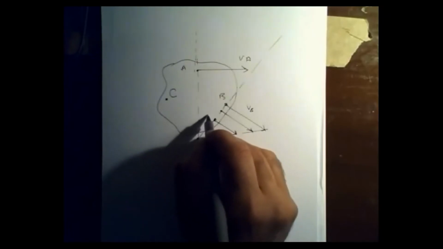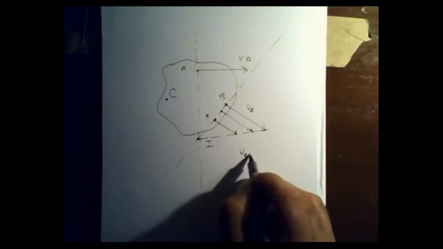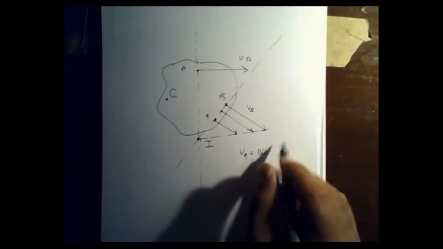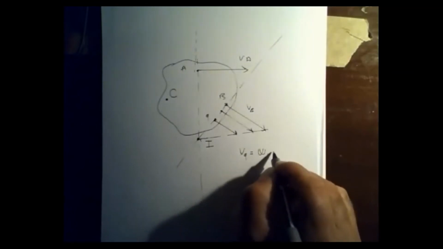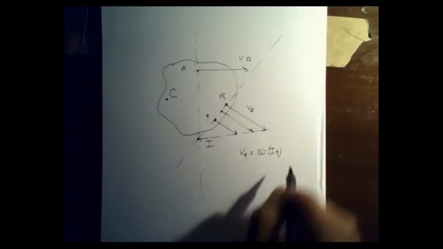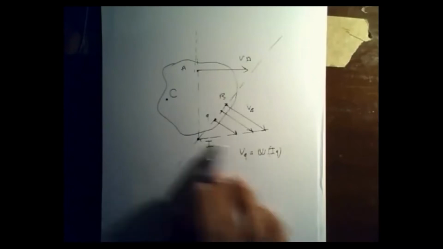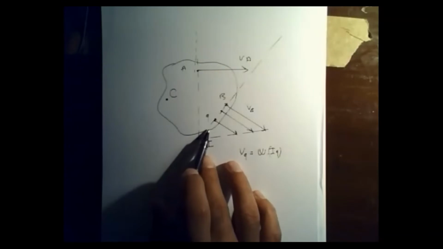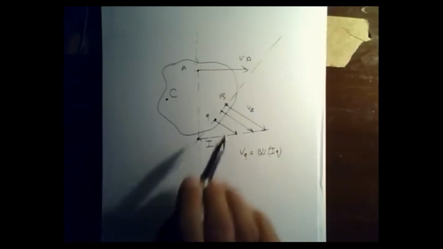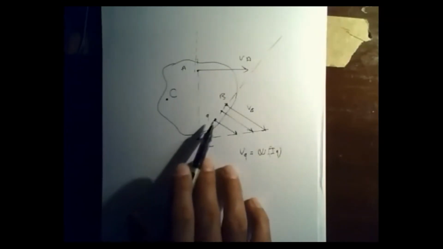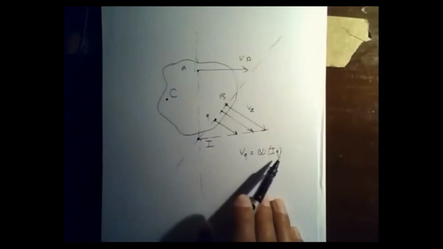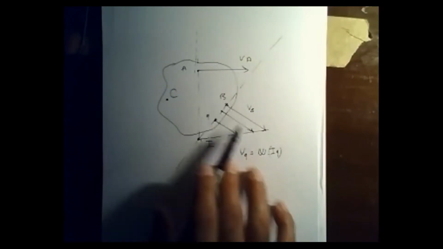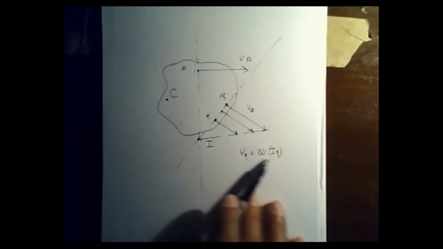Because let's say this is point Q, VQ will always be equal to omega multiplied by the distance IQ. So if IQ is 0, the velocity is 0. And as you go away from the instantaneous center of rotation, your velocity increases proportionally to the distance. So just know that, okay? This is an important thing to know.